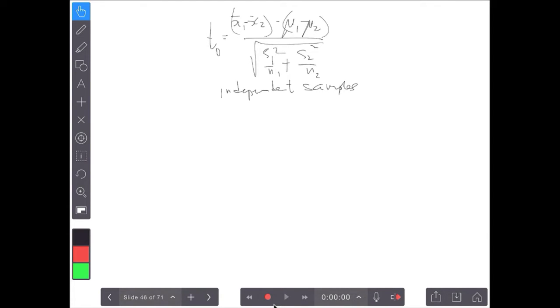But just to reiterate, when the samples are dependent, because they are matched, what we do is calculate a difference, which we will call di, the difference between the score for sample 1 and the score for sample 2.